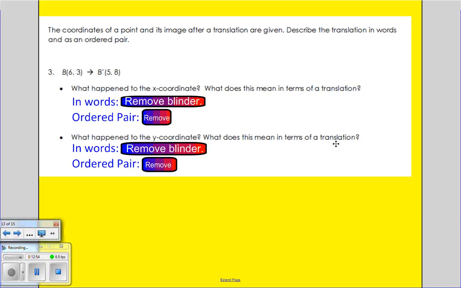Okay, and then we're talking about coordinates of a point. We're looking at the original letter B and B prime, and we're going to try and figure out what happened. How did it translate? What happened to the x coordinate? What happened to the y coordinate? So looking at these two, what happened to the x coordinate? It went from 6 to 5. So we subtracted 1 from the x coordinate.